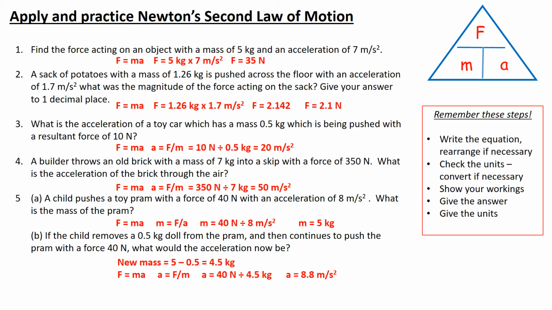Oh, hang on. No, sorry. They're asking you to work out what the acceleration is, which is 8.8 meters per second squared. Just as a reference, when you're calculating these things, make sure that you're thinking, does that unit sound right? Because if it said what is the mass of the pram, and your answer came up with, I don't know, 500 kilograms, well, that would be half a ton.